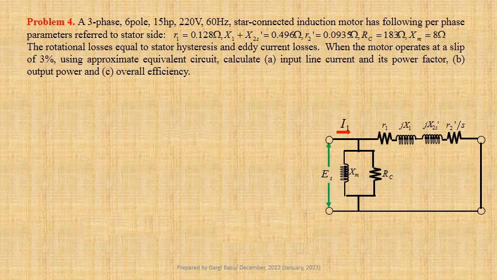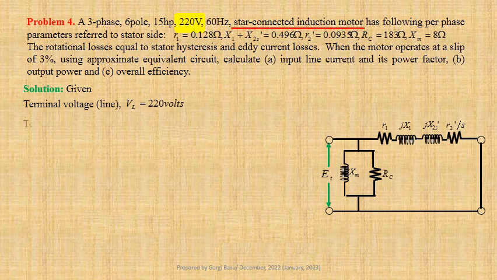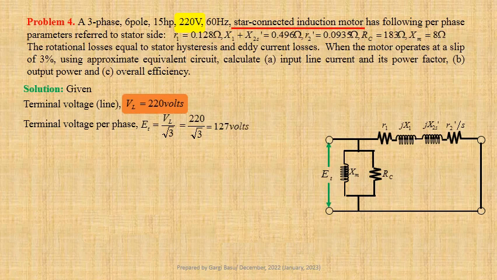Let us first write down the given data. Line-to-line terminal voltage VL equals 220 volts. For star-connected induction motor, terminal voltage per phase ET equals VL by root 3, that is equal to 220 divided by root 3, that gives us 127 volts.